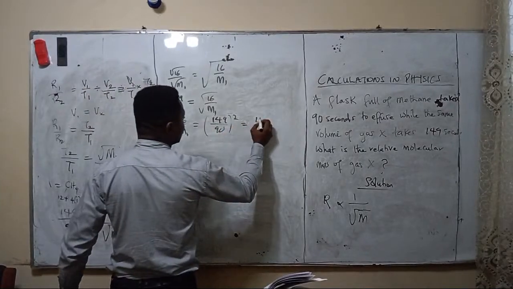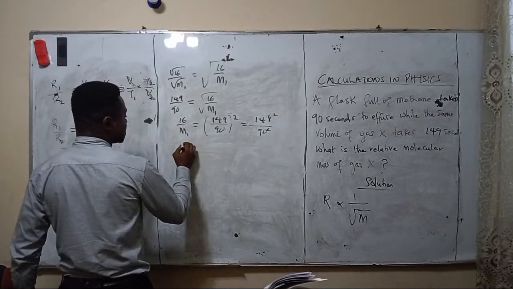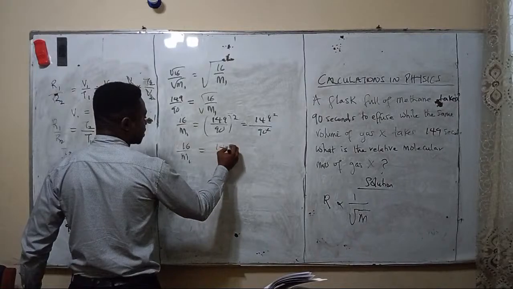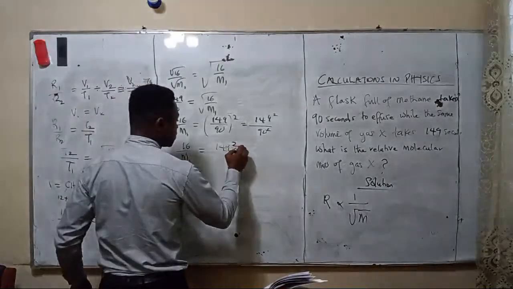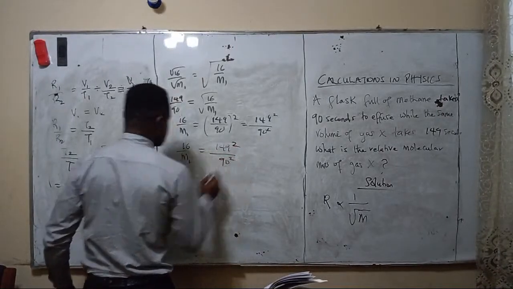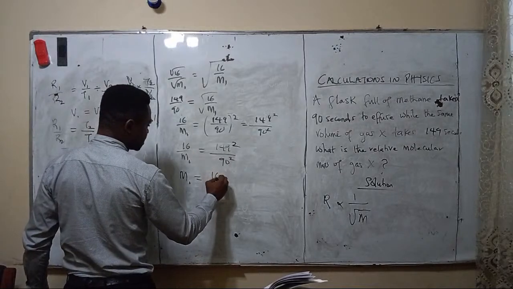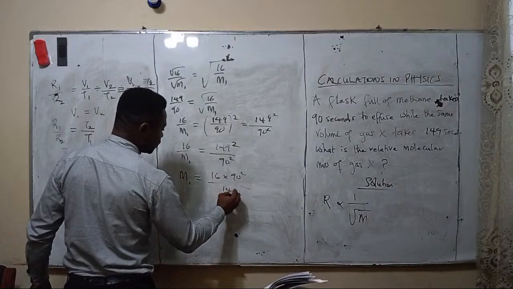This is the same as saying 149 squared over 90 squared. So 16 over M1 is equal to 149 squared over 90 squared. So M1 is equal to 16 times 90 squared all over 149 squared.